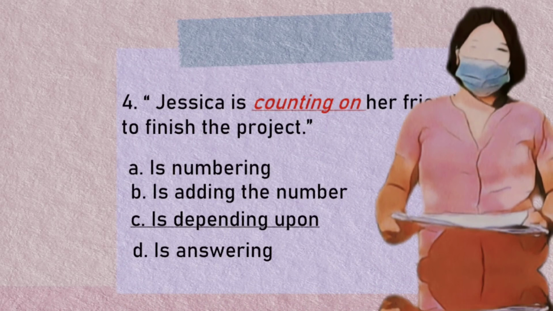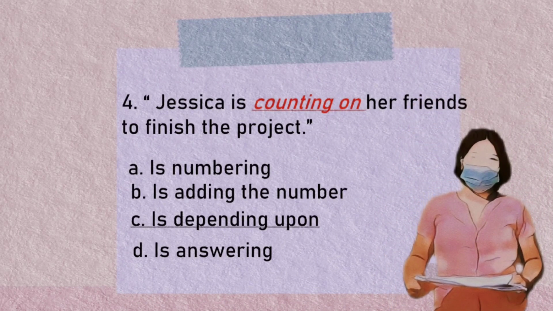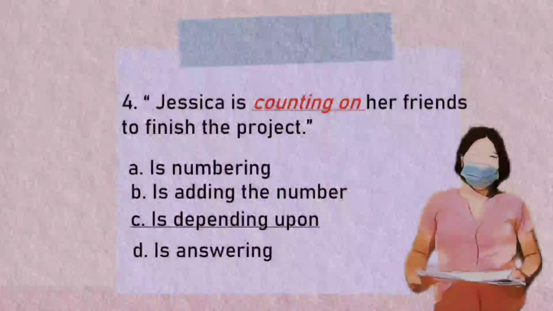Number 4. Jessica is counting on her friends to finish the project. A is numbering. B is adding the number. C is depending upon. Or D is answering.